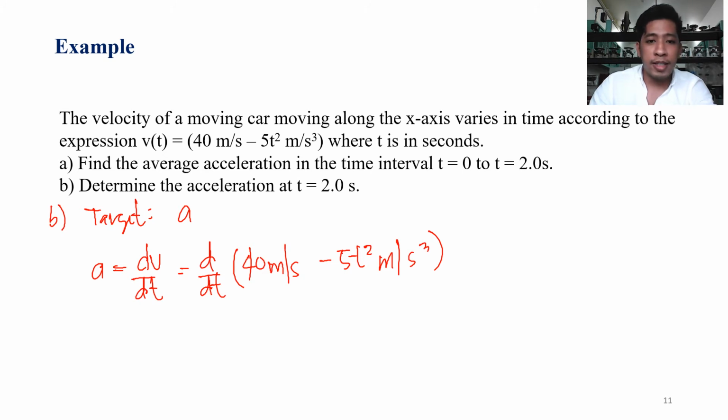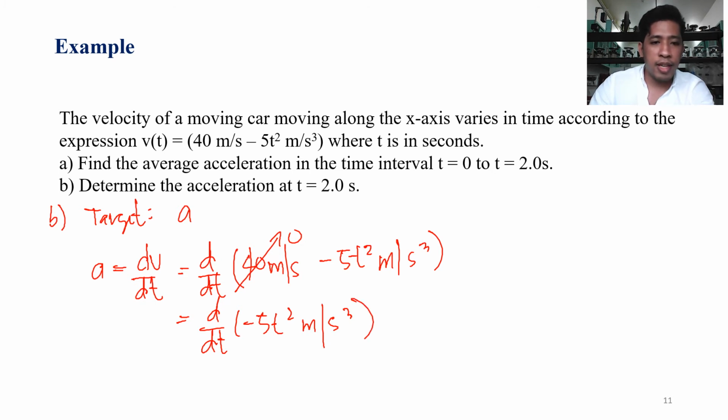Now, the derivative of a constant is 0, so this is just 0 here, and we just need to find the time derivative of negative 5 t squared meters per second cubed. The time derivative of this one is negative 5 times 2 t meters per second cubed.